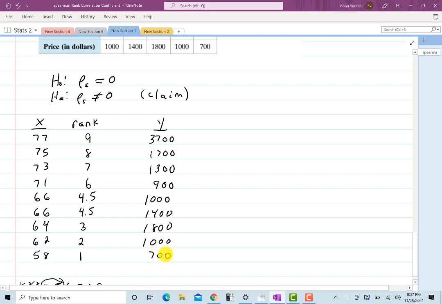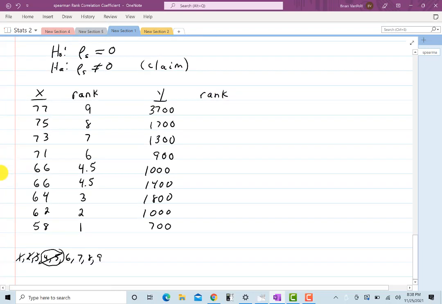And as with the x's, I'm going to do the same with my y's. So let me get the ranks for my y's also. Well, it's easy to see the smallest ones because they have fewer digits than the rest. So I put a 1 next to 700 and a 2 next to the 900.